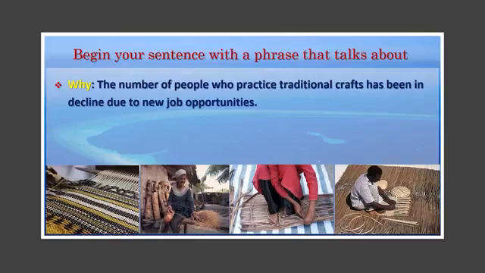Here I need you to take out the phrase which talks about the reason why. Okay? There is a word which can give you a clue. Because normally that's used to talk about why. Okay, now that you have isolated the phrase, can you rewrite this sentence again, beginning with that phrase?